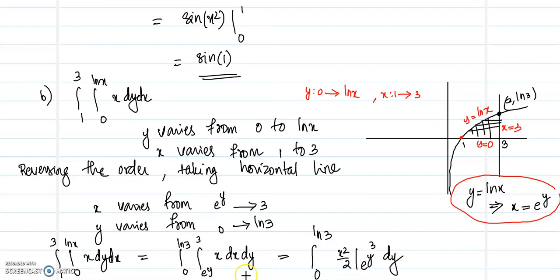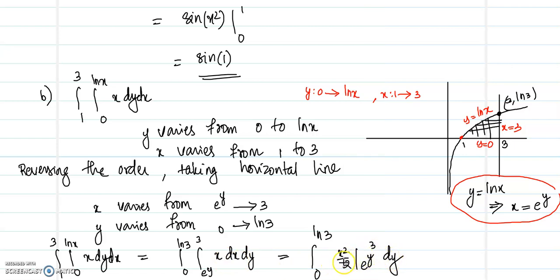So we will get the integral in the reverse order as 0 to ln 3, e raised to y to 3, x dx dy. So the order will be reversed now, dx dy. Now upon integrating, we will get integral 0 to ln 3. The integral of x will be x square by 2 from e raised to y to 3, dy.